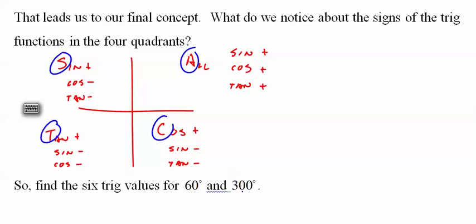Find the 6 trig values for 60 degrees. 60 degrees, we're looking at 1/2, root 3 over 2.